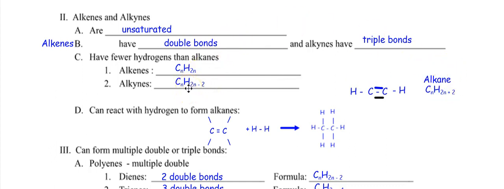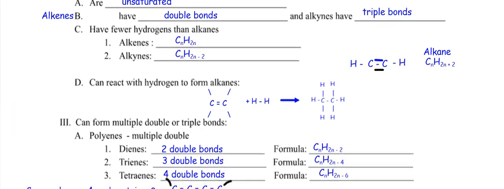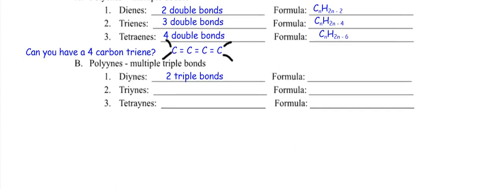So every triple bond, you are going to remove 4 hydrogens. So if I have this H2N minus 2, I'm going to take away 4 from there, and I have 2N minus 6. So if I have a triene, I have 3 triple bonds.